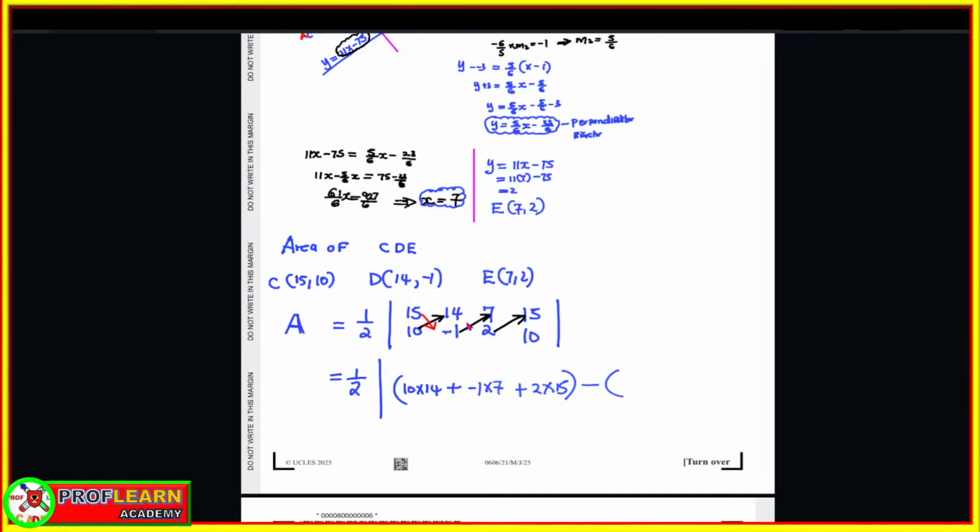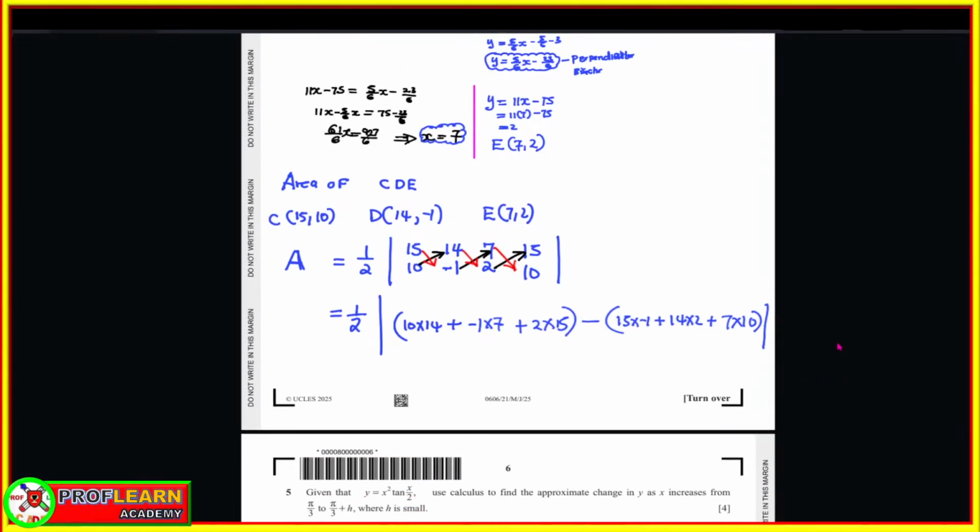15 times minus 1, 14 times 2, 7 times 10, and that is going to translate to 15 times -1 plus 14 times 2 plus 7 times 10. We cross and then modulus. So modulus means whenever you get a negative answer, you are going to consider that as positive.